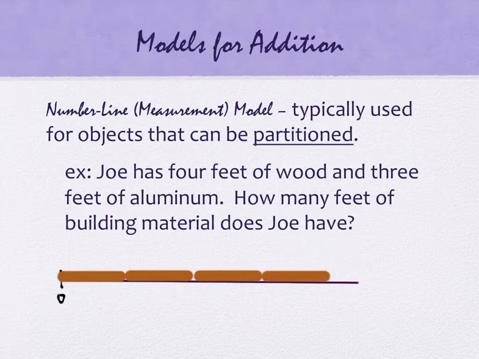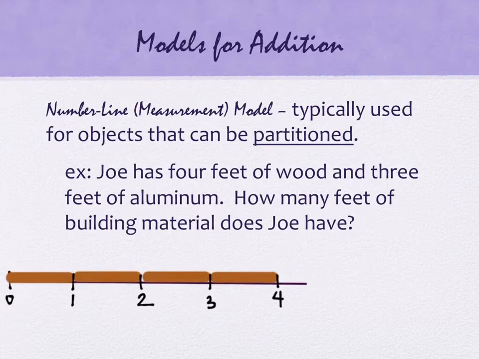And in terms of a number line, we're counting along the number line. 1, 2, 3, and 4. And then we're supposed to have 3 feet of aluminum. I think I need to move my diagram a little bit to the left to have enough space.